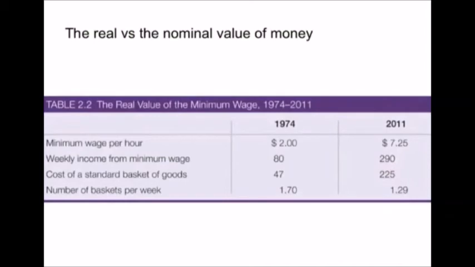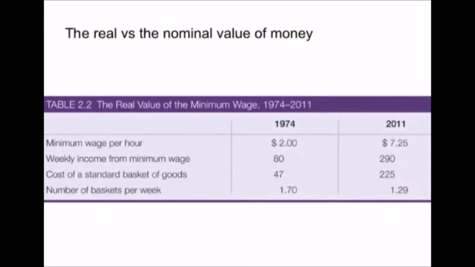So let's look at the real value of the minimum wage. In 1974, the nominal minimum wage was $2, but it could buy you 1.7 baskets of goods if you worked a 40-hour week and earned $80. In 2011, working 40 hours, earning $7.25, could buy you 1.29 baskets of goods.